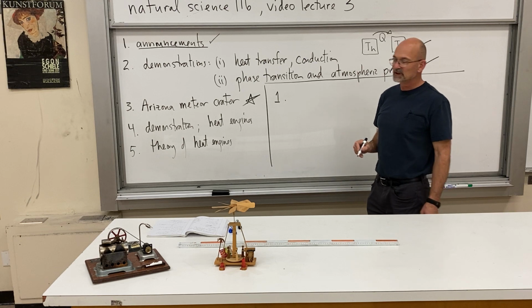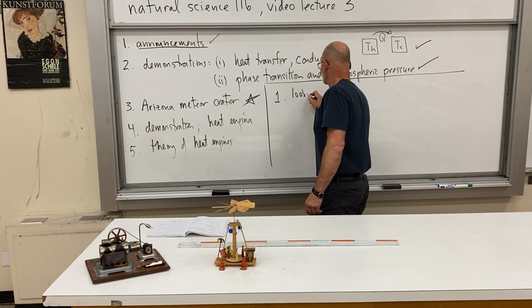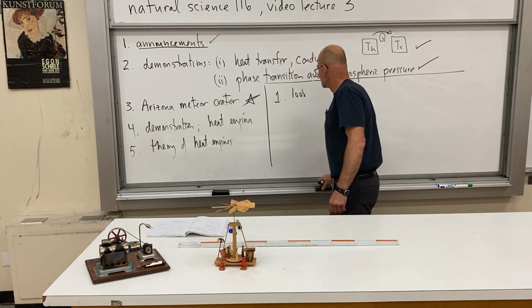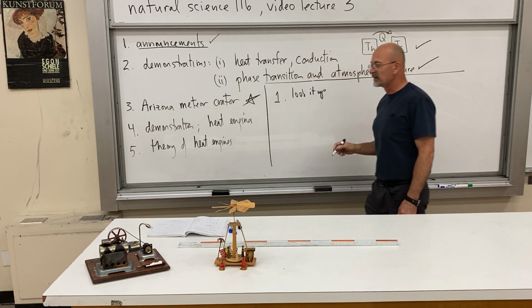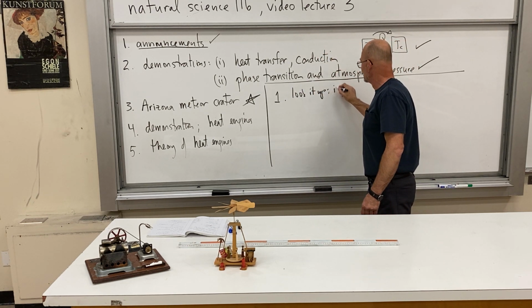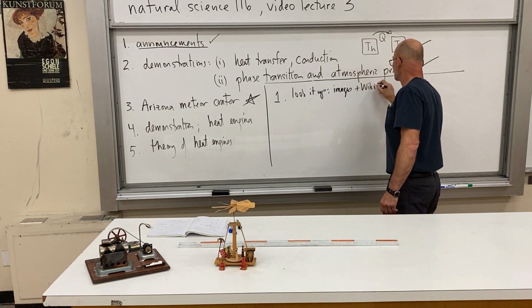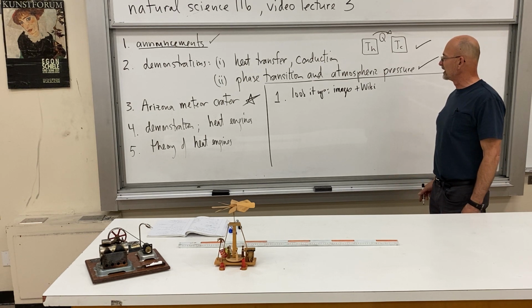Look it up. Look it up and get some images. Online, of course, you get some images. And maybe you get some more information from a wiki article about the Arizona Meteor Crater.